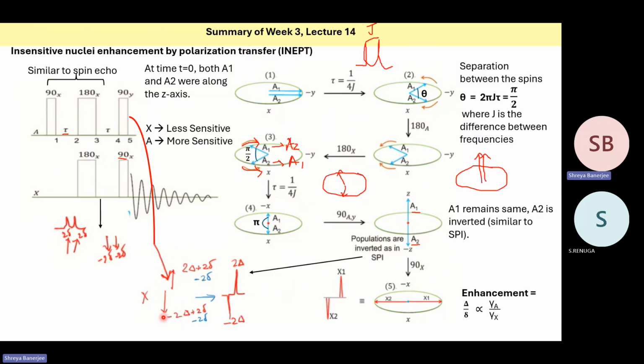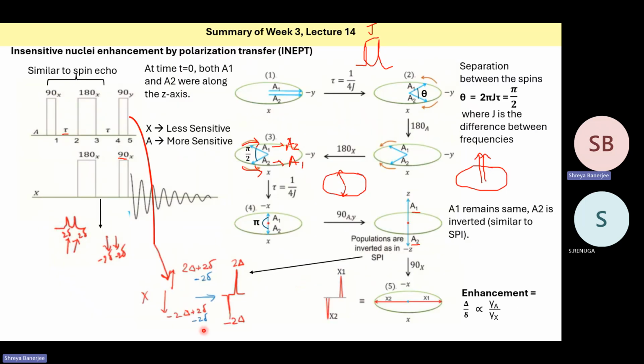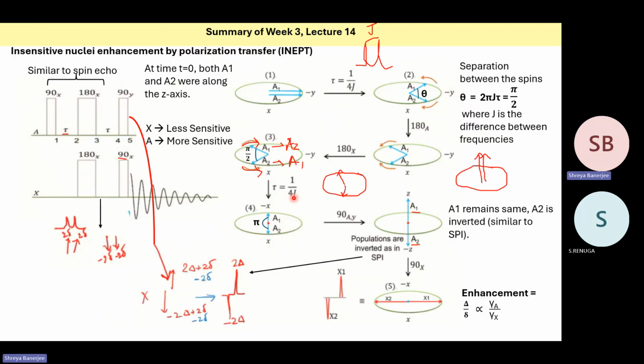You have one lower and one upper signal, with minus 2 delta, plus 2 delta in the lower, and 2 delta, plus 2 delta in the upper. This is what you have at the end of the 90Y pulse on A, because at the end of the 90Y pulse, there is a population inversion.